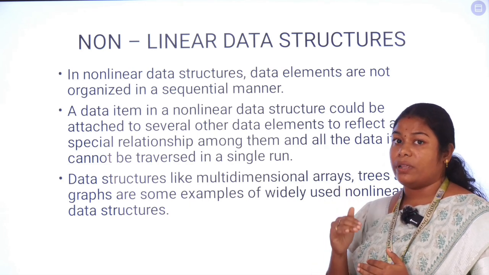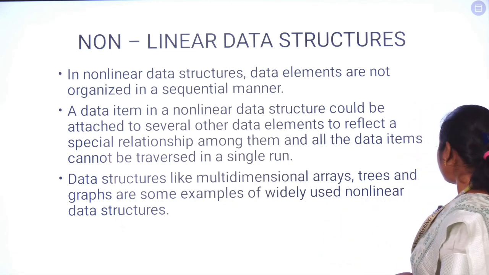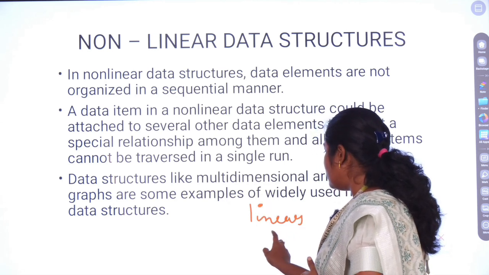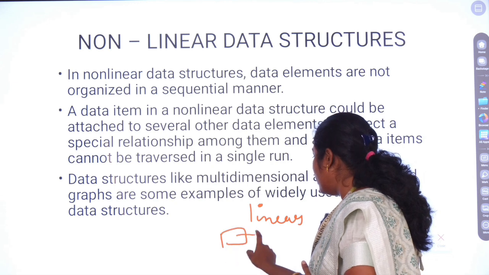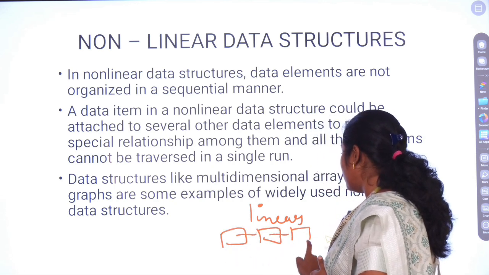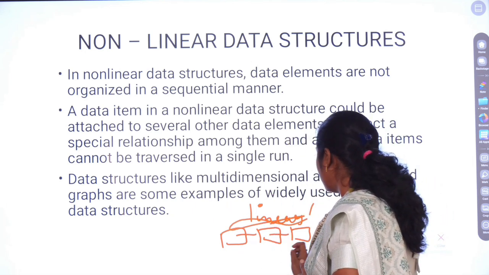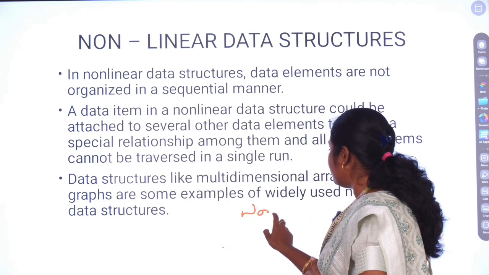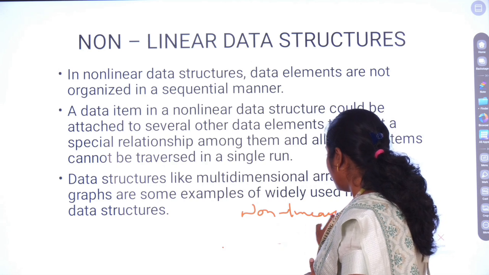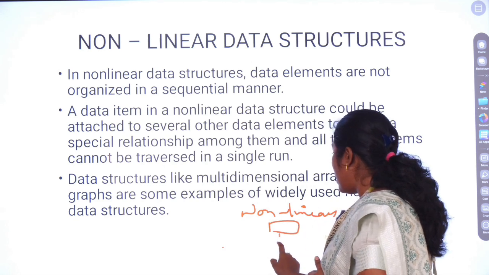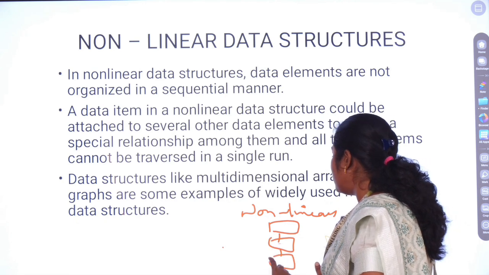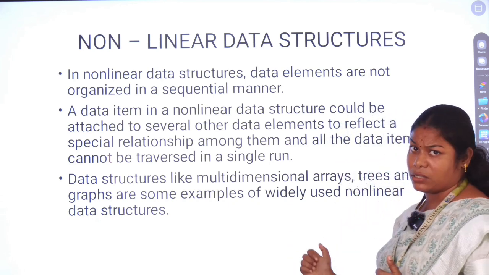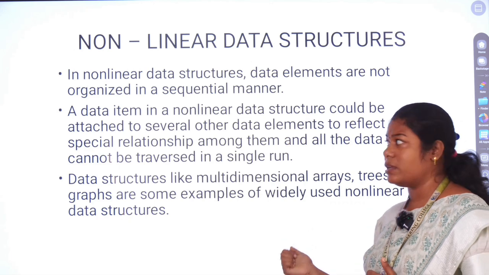For example, in linear, the data are stored one after the other, that is in sequential order, whereas in non-linear, data are stored in a hierarchical manner. That is the major difference between linear and non-linear data structures.